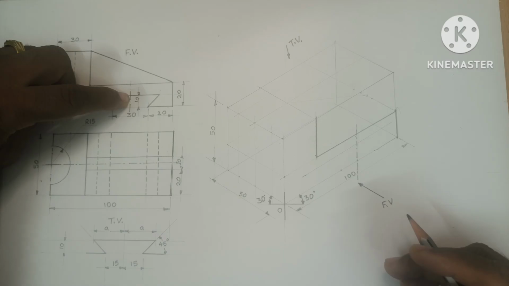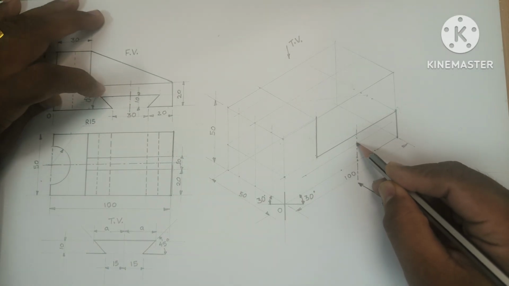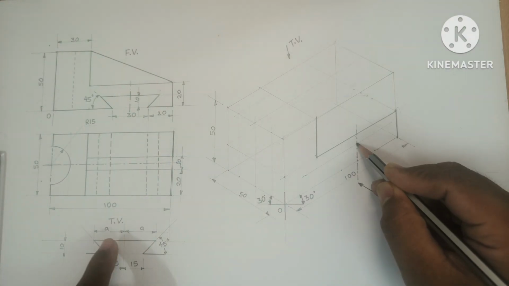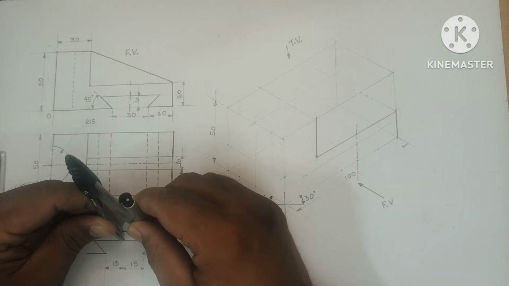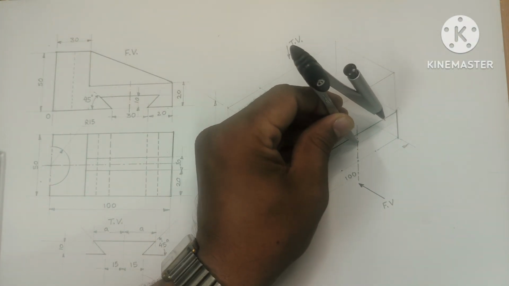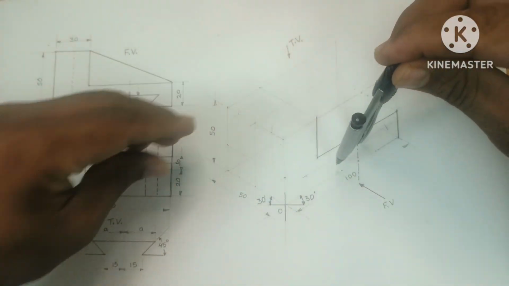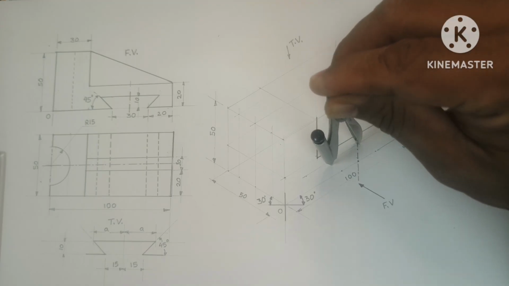Then from this center point towards left and towards right, we will take the distance A in the compass. In the compass we will take the distance from the figure. Here I will mark the point and here I will mark the point.